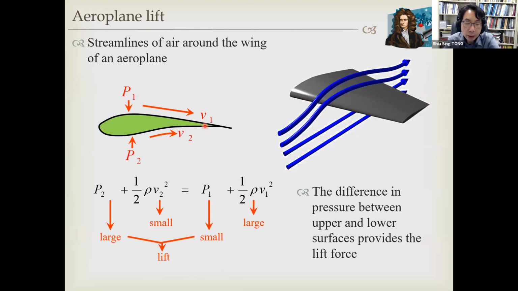Now, let me explain a little bit about the airplane lift. If you look at the cross section of a passenger plane, you take a cross section of that, and you will find that the cross section is not symmetrical.